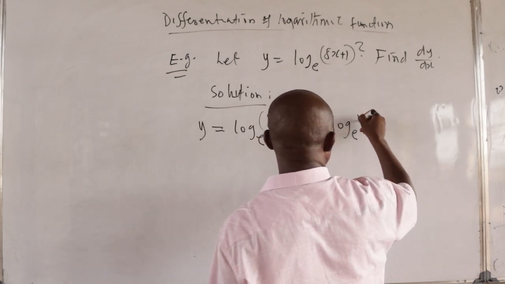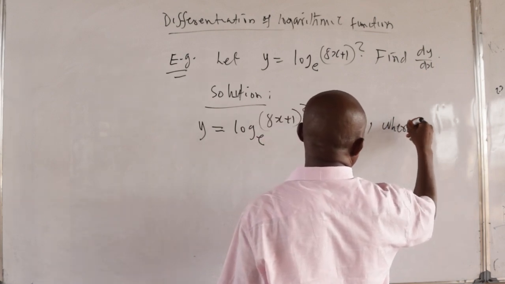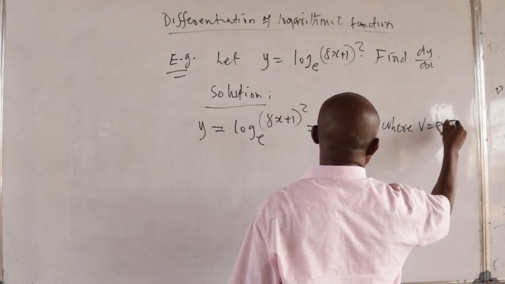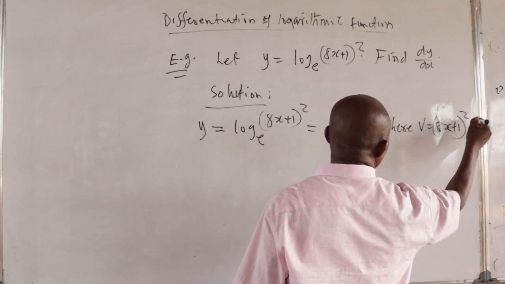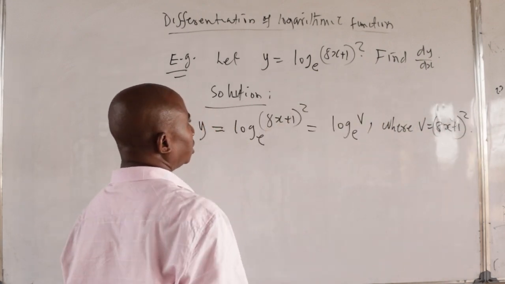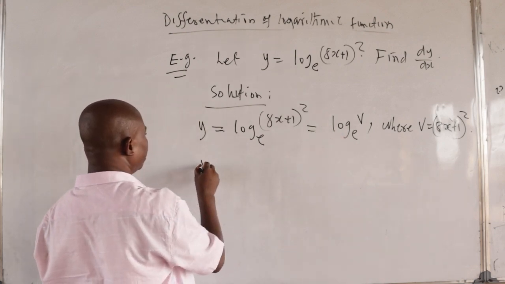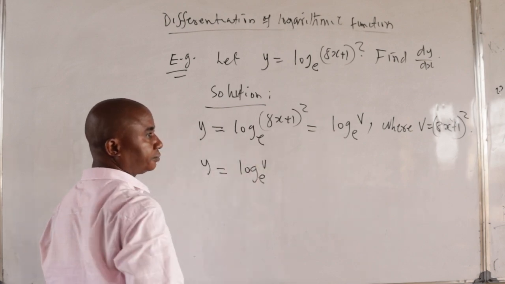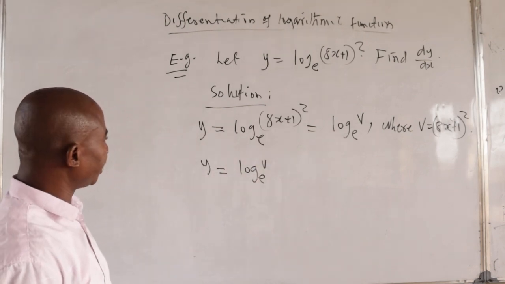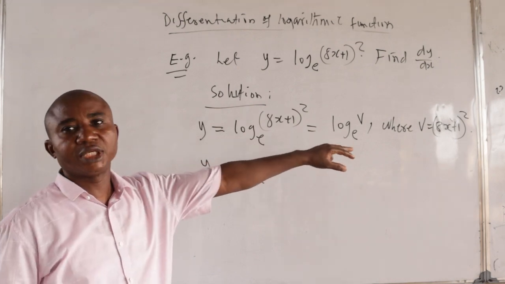I've used v, so let me call it v, where here v is simply (8x plus 1) raised to the power 2. So if we do this now, our life becomes easy. So y is log to base e of v. Life is easier here because we know how to deal with this, we know how to deal with that.